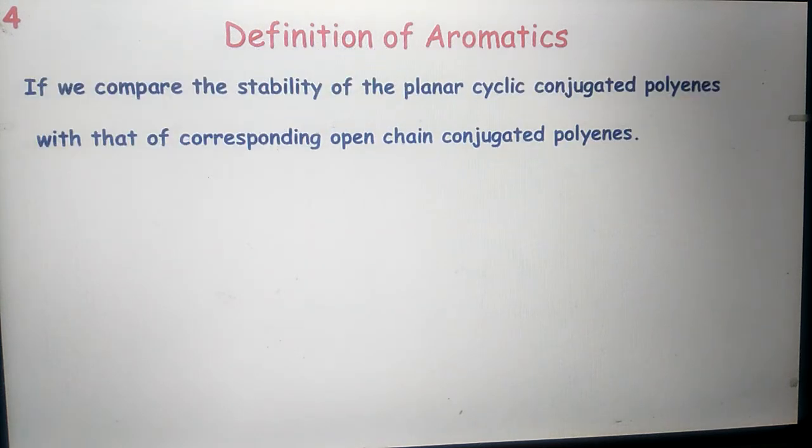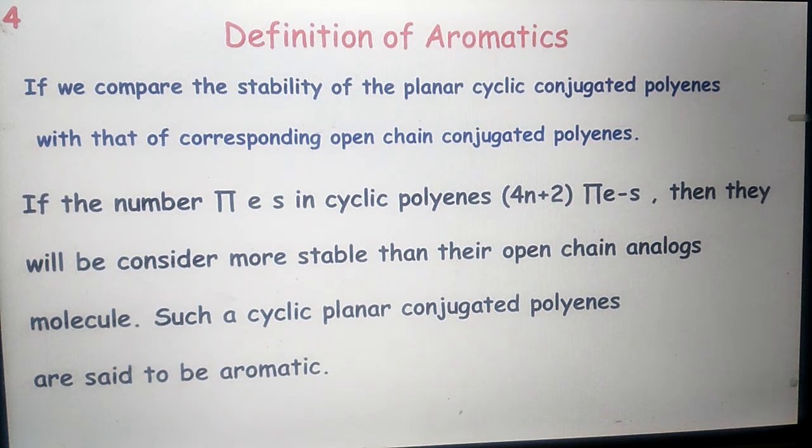If we compare the stability of planar cyclic conjugated polyenes with that of corresponding open chain conjugated polyenes, if we take planar cyclic conjugated polyenes, for example C6H6 in cyclic form, and we compare C6 carbon compound in open chain, then if the number of pi electron in cyclic polyene is 4n plus 2 pi electron, then they will be considered more stable than their open chain analog molecule.